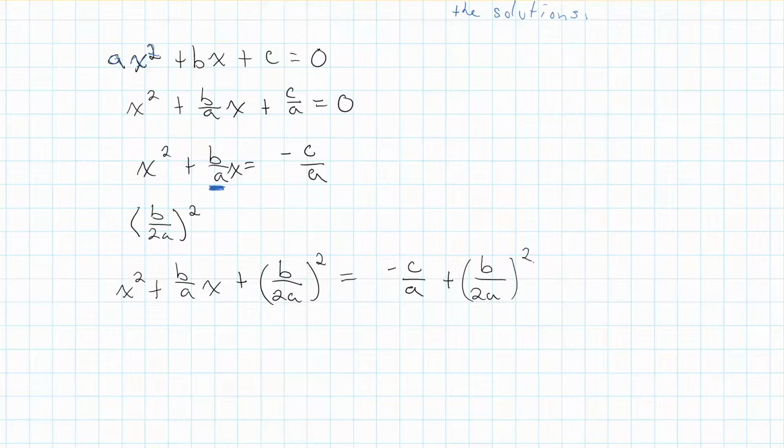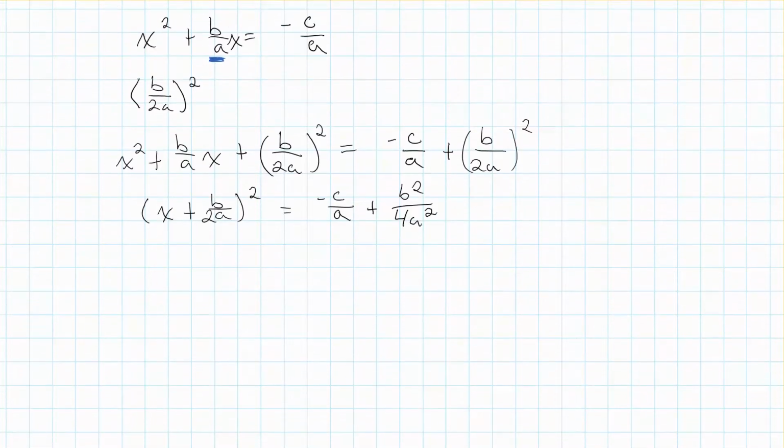So the left-hand side is simply going to factor to x plus b over 2a quantity squared. Now I'm going to work on the right-hand side and try and simplify this a little bit. So this is going to be negative c over a plus b squared over 4a squared. So I just squared everything. Now what I'm going to do is I'm going to find a common denominator and combine terms together there.